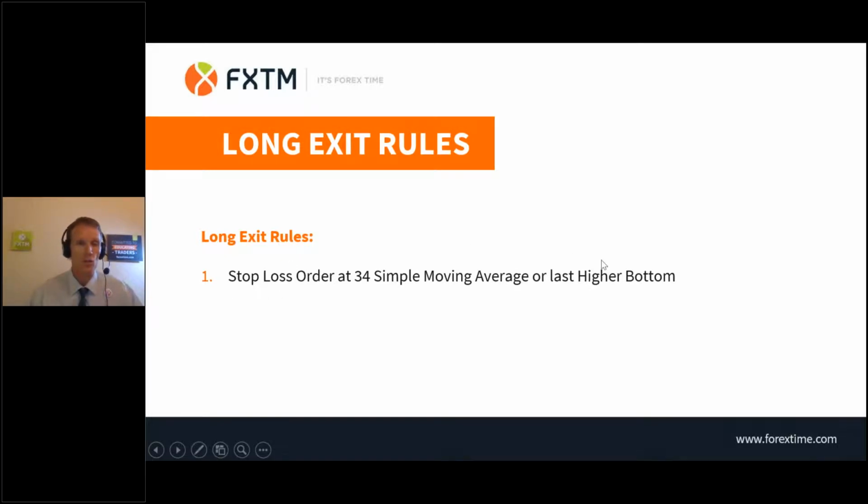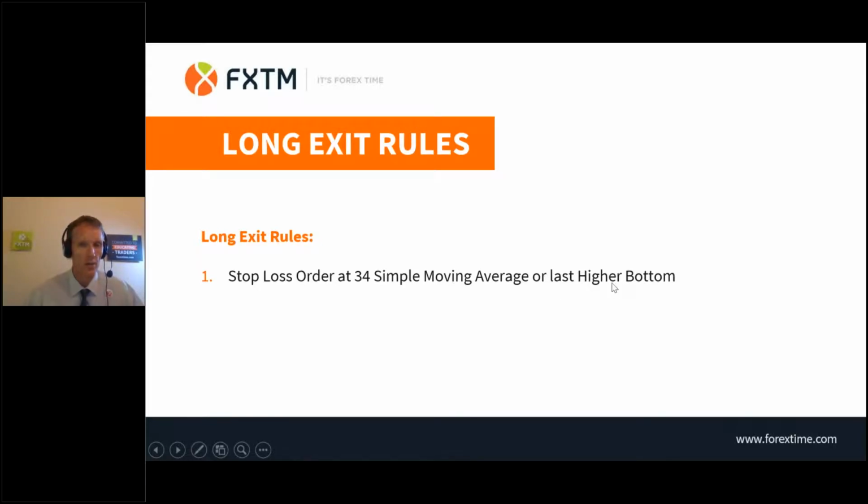Right. So you've got two options. You can use the structure of the market, the last higher bottom, or you can use the 34 simple moving average. The reason why I gave two is because sometimes if you're not sure, then you've got a choice, right? And sometimes the simple moving average is too close, so it's actually closer to the entry than the higher bottom.